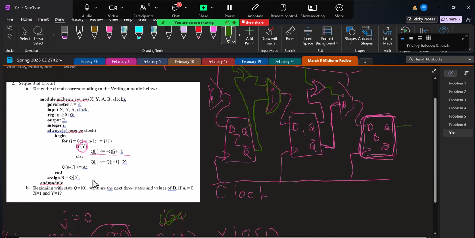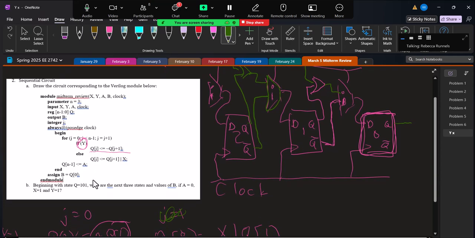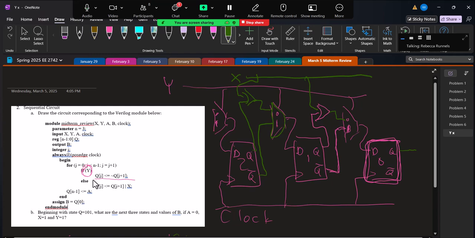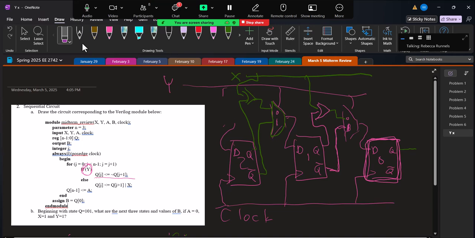All right, so now we're done with the for loop, and then it tells us q of n minus 1. N is a constant. N was 3, so this is just saying q of 2 equals a. So I have another variable, and hey, there's no if. It just plain equals a. Well, I told you we might not have a multiplexer, so this one doesn't have a multiplexer because there's no if.